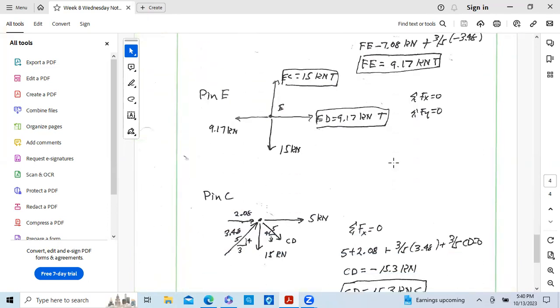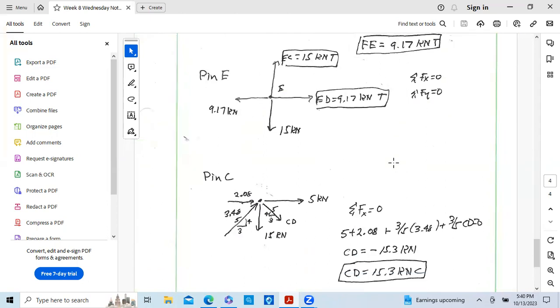The check. As we checked the reactions, I would advise you, this would be really disappointing if it didn't check, but you need to know you've done this correctly.